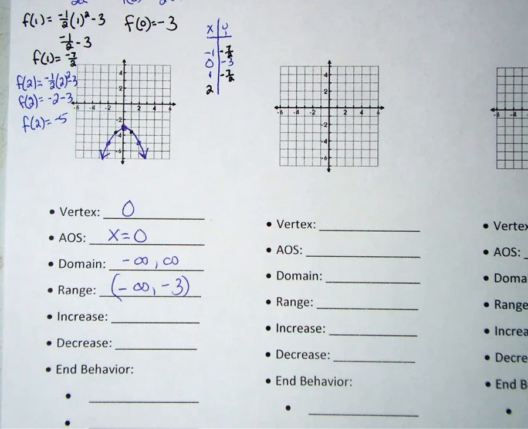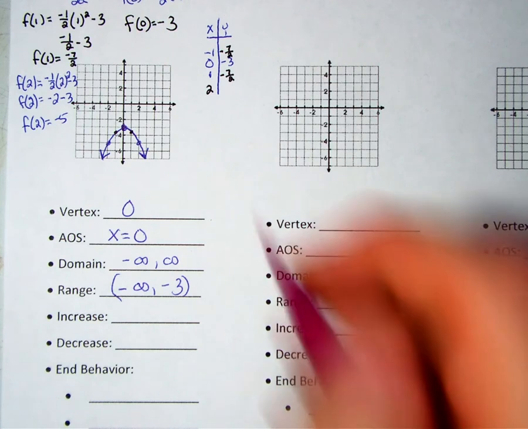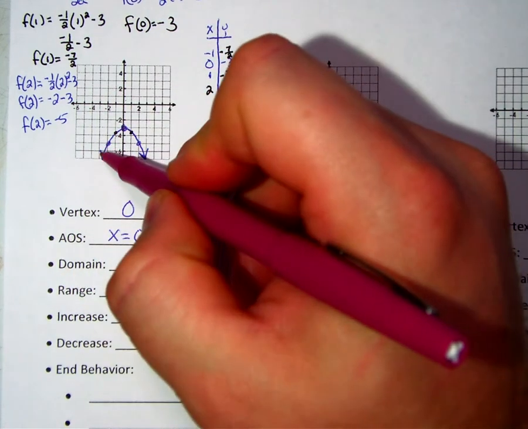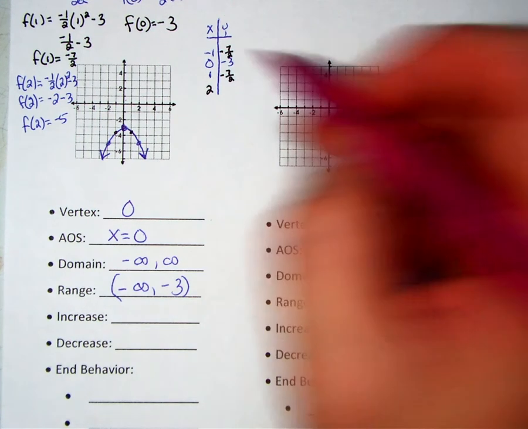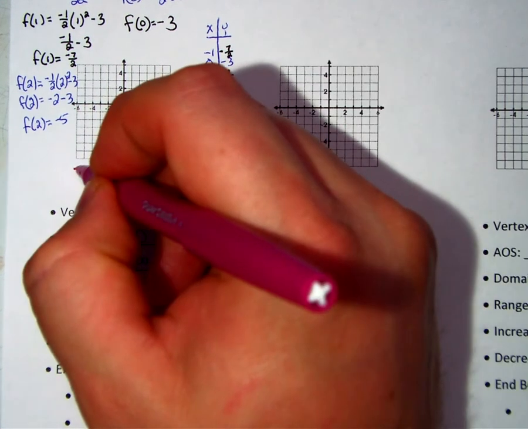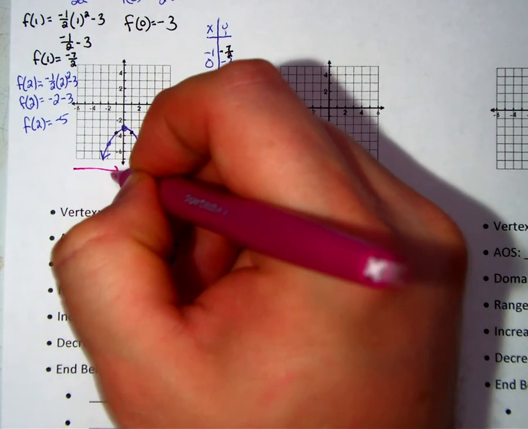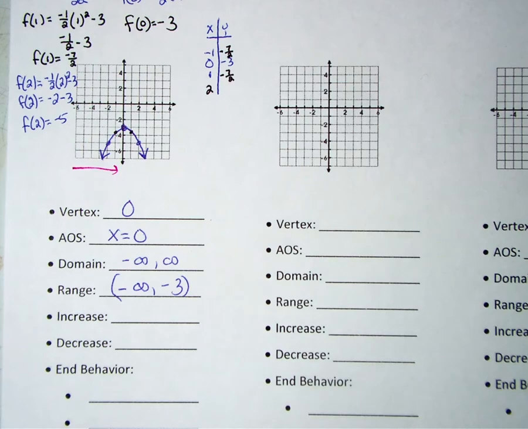All right, the increase. By increase, we're talking about where does the graph go up from left to right. We report the increase in terms of x values. So moving from left to right, when does it stop increasing, at what x value?